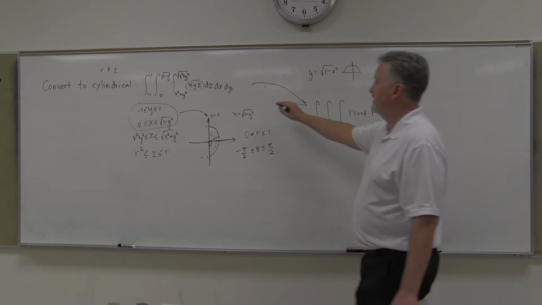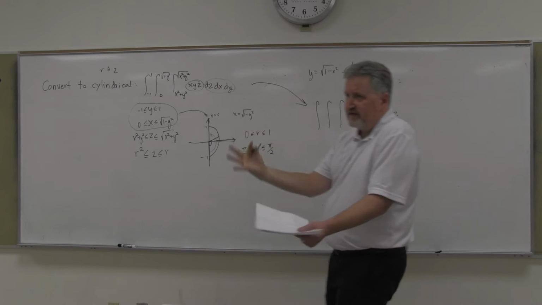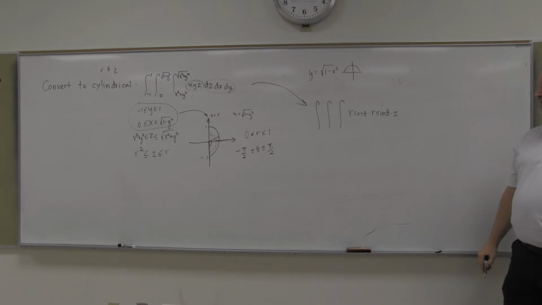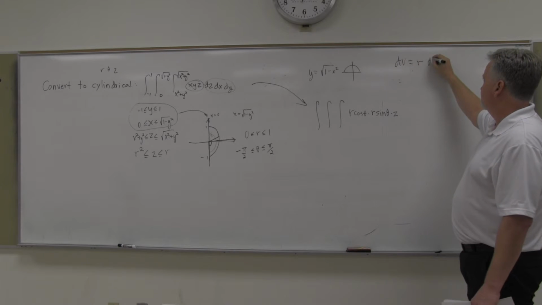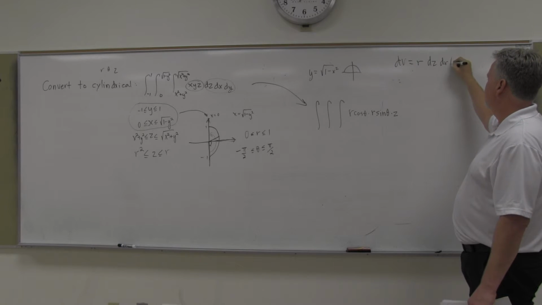Now, like we said, this is dV, and in converting to cylindrical, dV is r dz dr d theta.